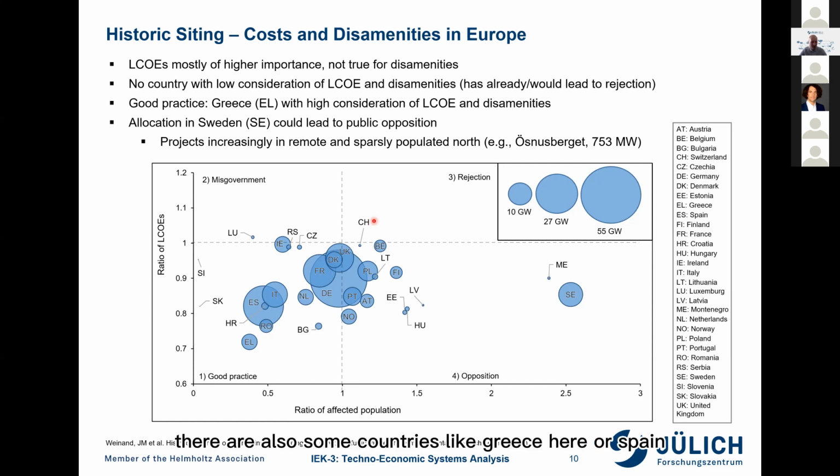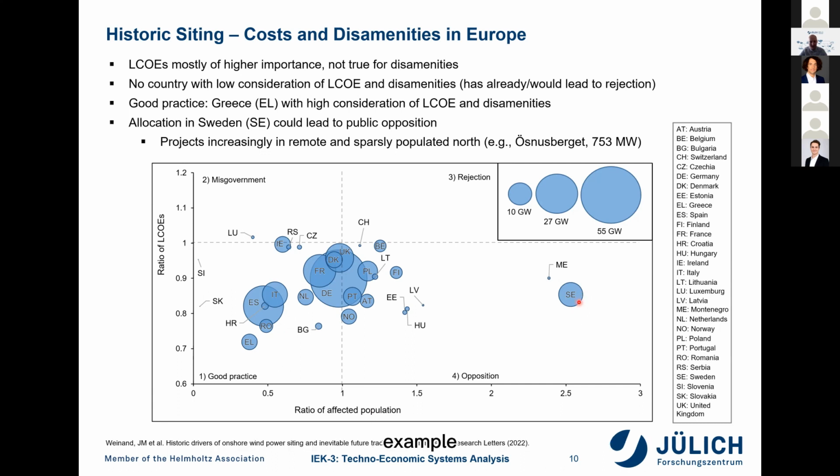There are also some countries like Greece here or Spain which show good practice because the LCOEs and also disamenities could be considered. But on the other hand, there are also countries, I think Sweden is a very interesting example.